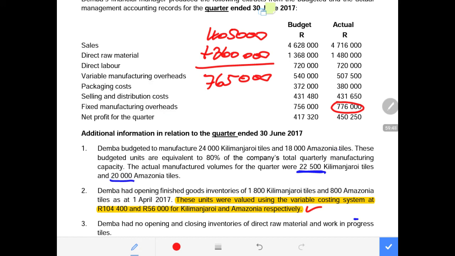That's where the 11,000 comes from. We estimated that fixed cost will be 765,000, but they were more than what we anticipated.